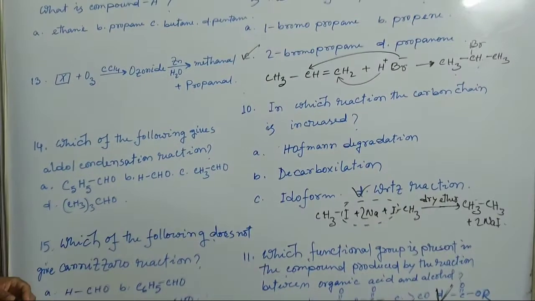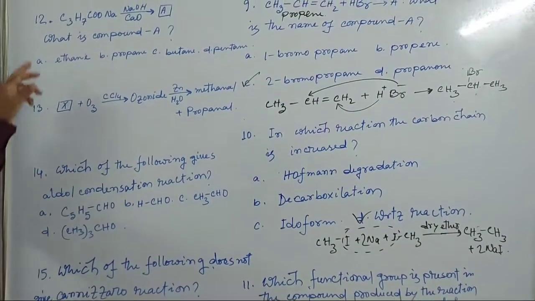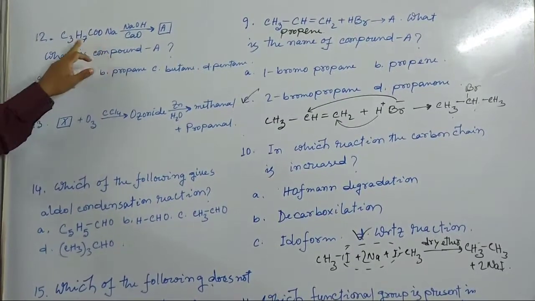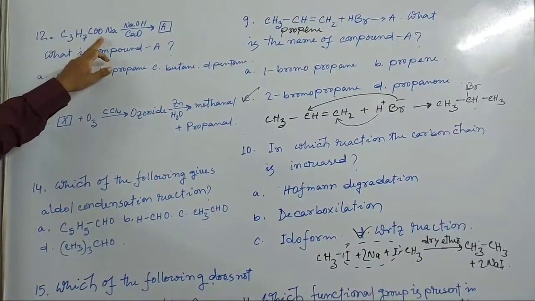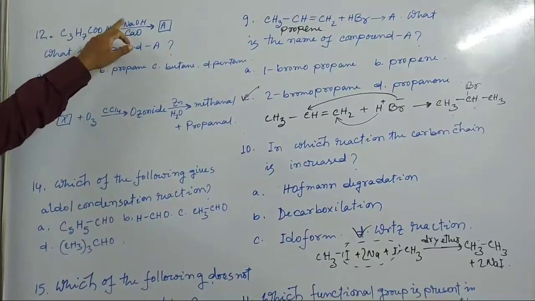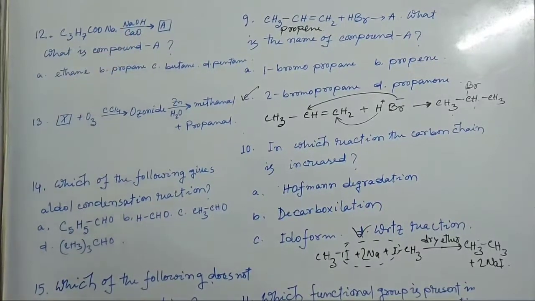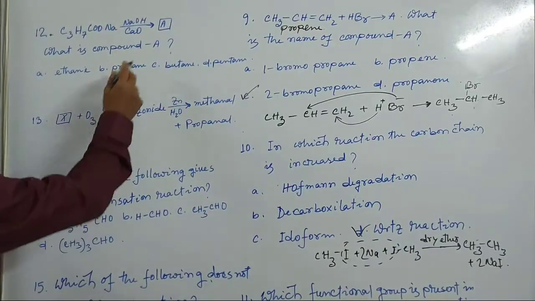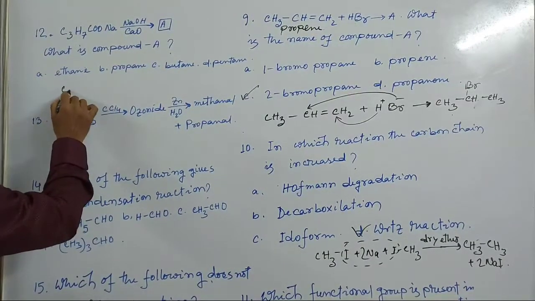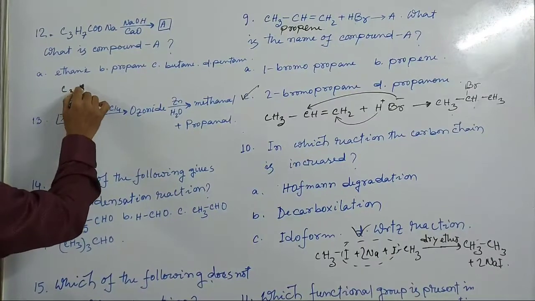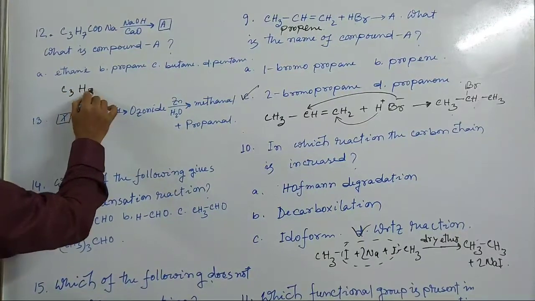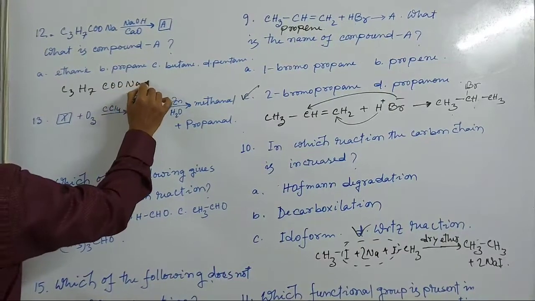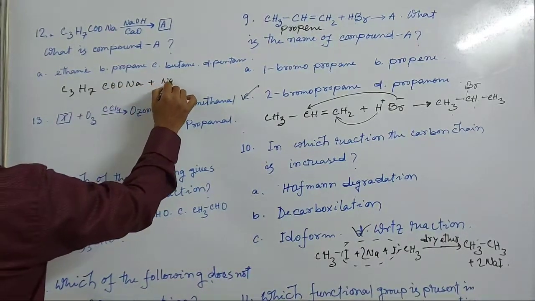Question number 12. Sodium butanoate is heated with soda lime to produce compound A. What is the name of compound A? Sodium butanoate is heated with soda lime.